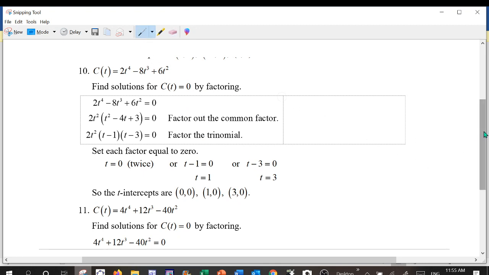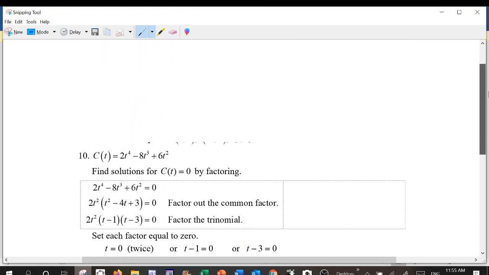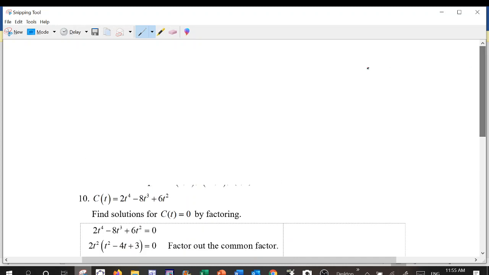So let's do that. We have enough room. Okay, so what we have to do is write this in factored form, because remember, we don't know how to graph this if it's not in factored form, right?